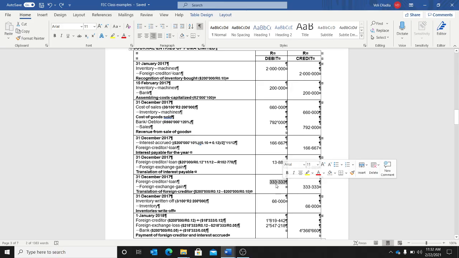So if I take this 300 and I knock it off against this one, do you see how much it is? 2 million minus 300 is 1.66 million. It's that 166 that you can pay, that you have to pay now. You see that? So you'll see now you've got this one compared to this one. It's that 166 that you'll have to pay them. Now I've restated my creditor to a new amount that I'll be paying if they say pay now.